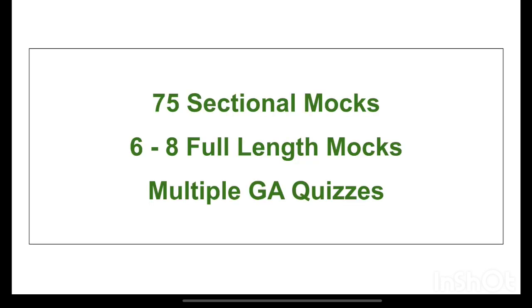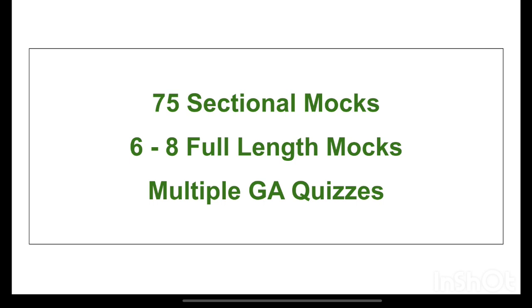Next, we have talked about the entire strategy and we talked that you will be attempting numerical and sectional mocks and all. So why will this strategy work for you? Let's count the number of mocks you attempt. For 25 days, if you attempt one sectional mock of each subject, English, reasoning and maths, you will be attempting 75 sectional mocks, which is giving you enormous practice, enormous understanding of different variations of question framing.